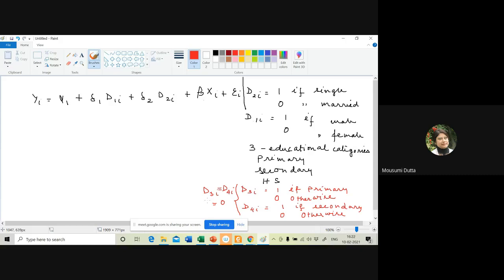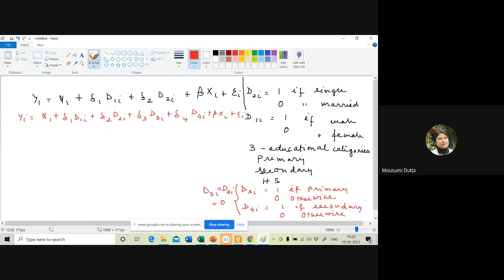Okay, so this model will be rewritten as follows.